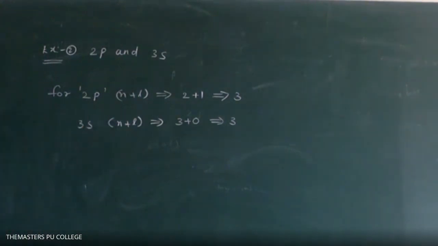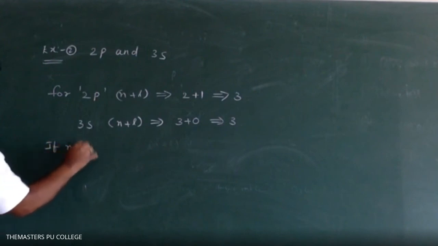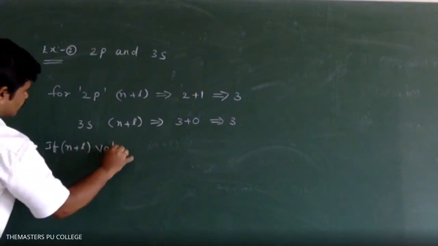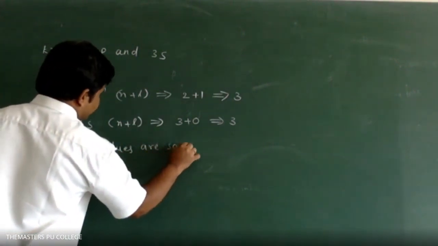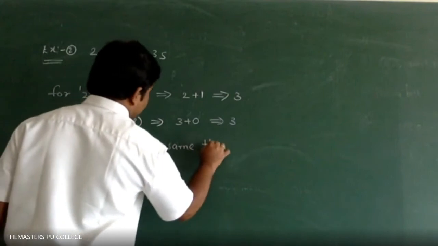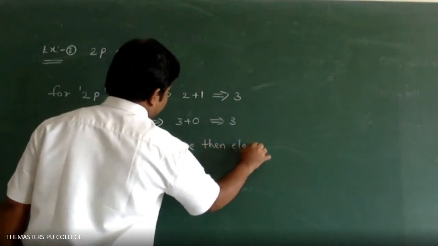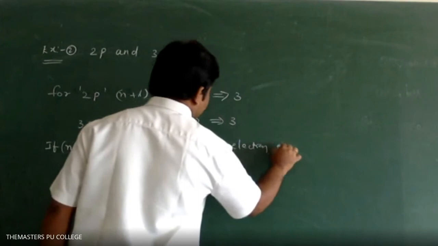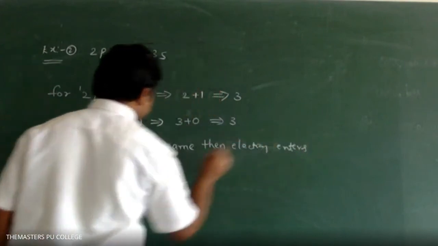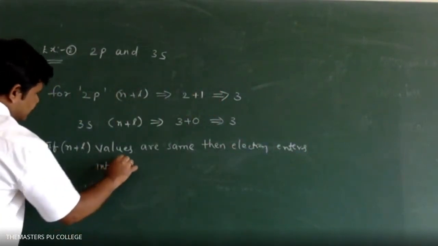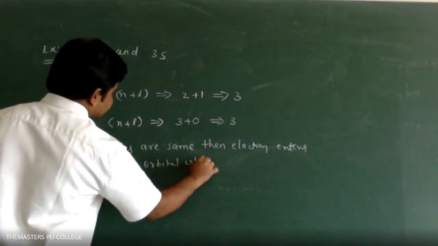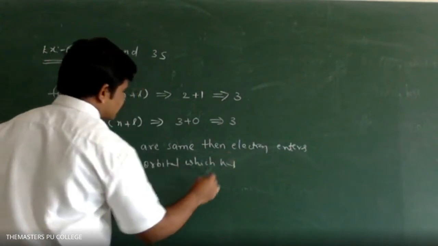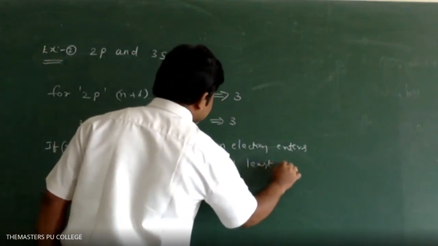So that's why, if the n plus l value is the same, then the electron enters into the orbital which has the least n value.